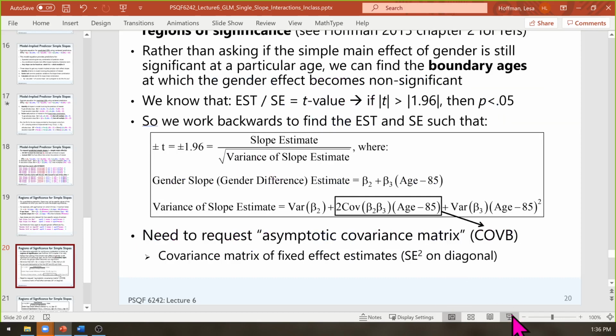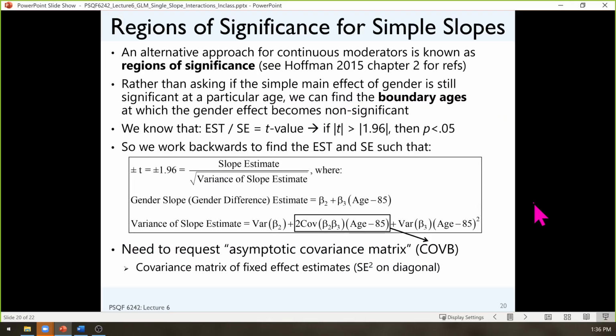Let me back out of this here so we can make it big, because I don't have any more fun color things to fill in. So the idea of regions of significance is to find the boundaries on the moderator at which the predictor slope would be positive, 0, or negative.